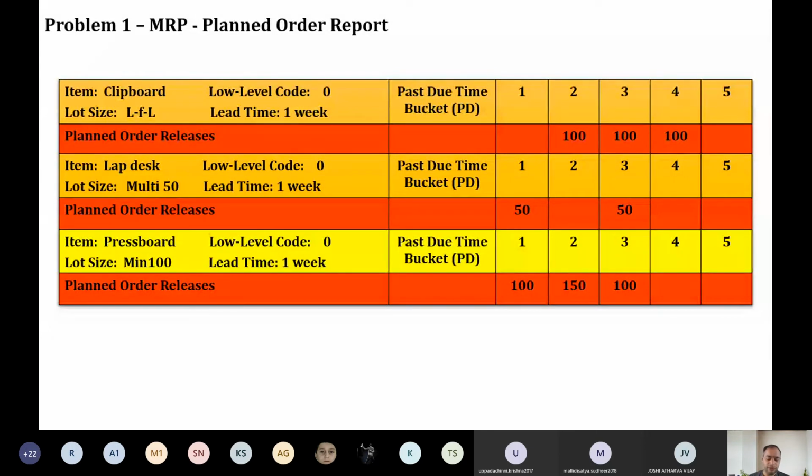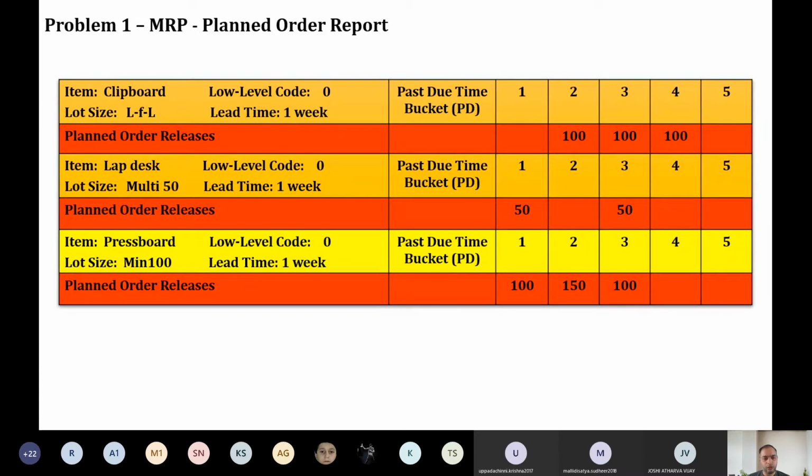With the help of the master production schedule, because they know when to produce and how much to produce, the purchase department can decide when to place the order and how much to order, so that at the right time it will reach the warehouse of the company. Those things will be easy for the purchase department when they are going for material requirement planning.